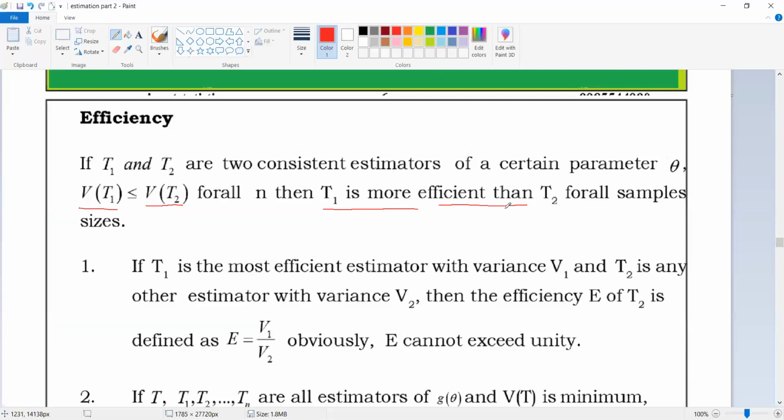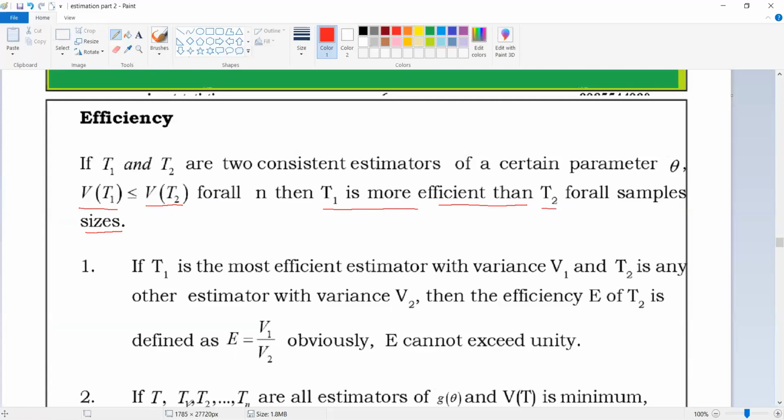Most efficient estimator compared to the other estimators. In this case, T1 is the most efficient estimator because T1 has less variance compared to T2. So to identify the efficiency, at least two or more estimators are required, giving the efficiency of the main estimator compared with the other estimators. T1 is the more efficient estimator than T2 for all samples of size n, where the sample size is finite.